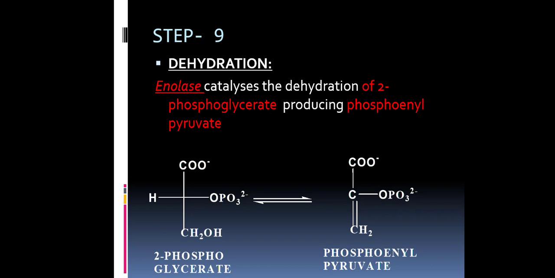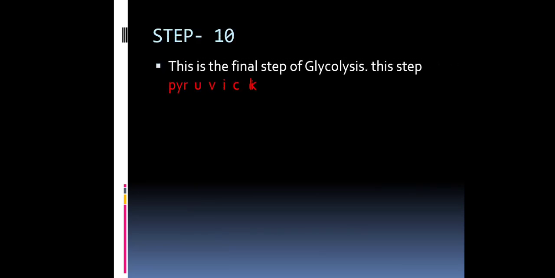Okay, now in the final step of glycolysis, the phosphate group which is present in phosphoenolpyruvate, as we can see, is transferred again to ADP, converting it into ATP. So this is the final step of glycolysis.